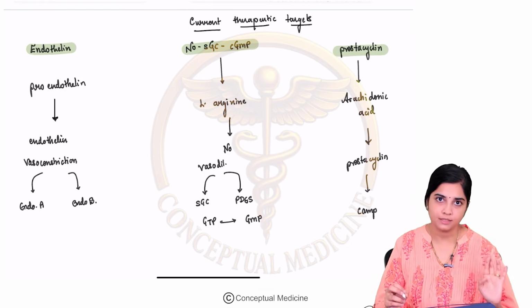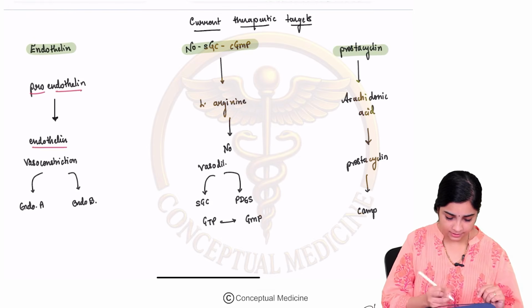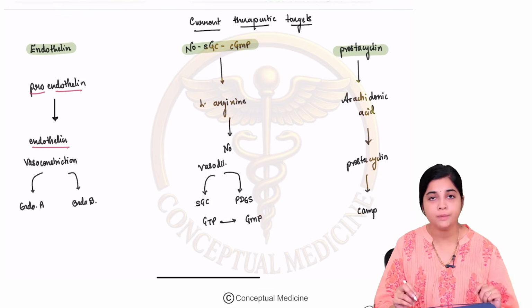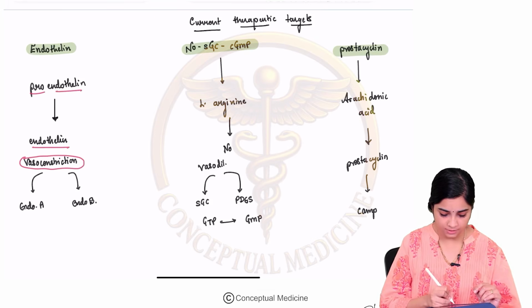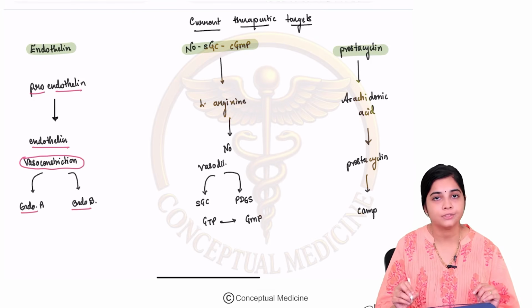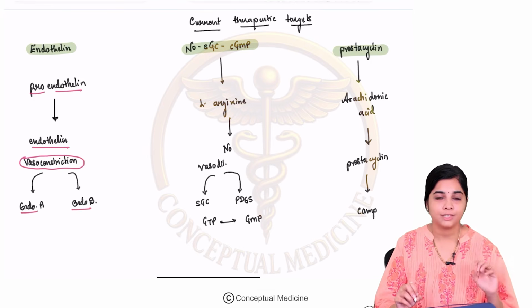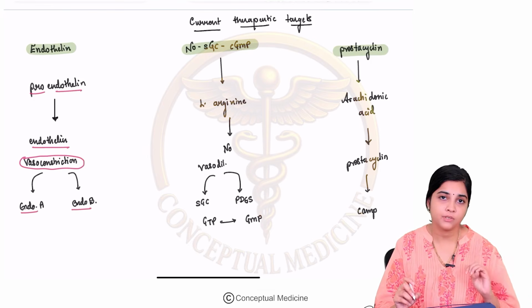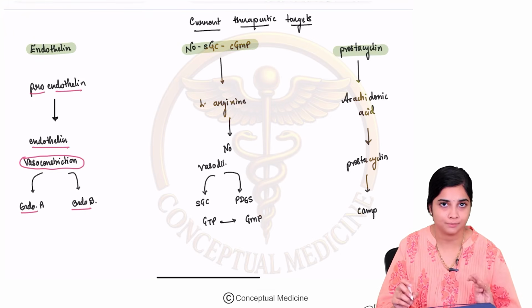These are the three major pathways which we should be aware of because we have therapeutic targets to these three pathways currently. First, proendothelin is converted into endothelin, and endothelin is predominantly involved in vasoconstriction via the endothelin A and endothelin B receptors.